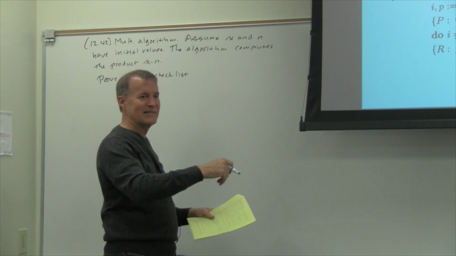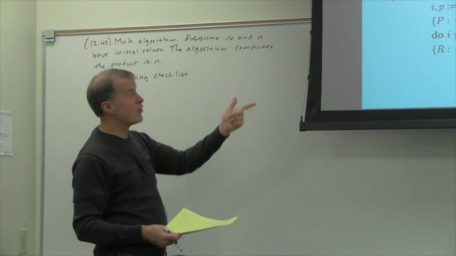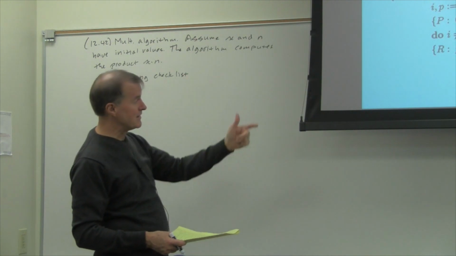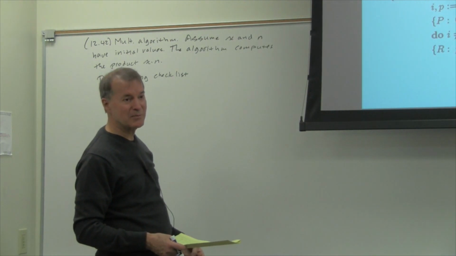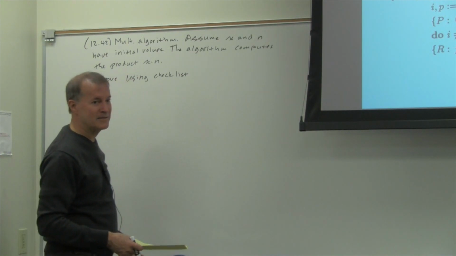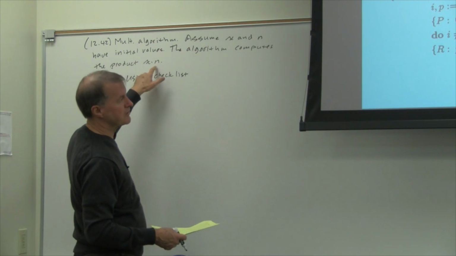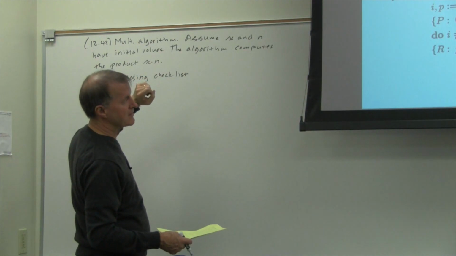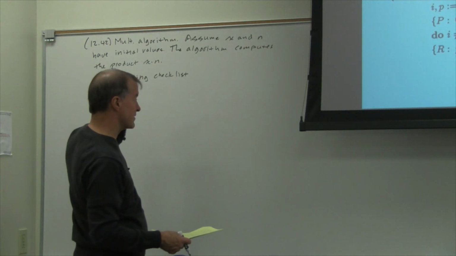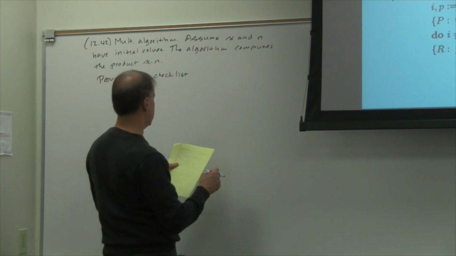I don't think it matters what value. There are no restrictions on x. X could be positive, it could be negative. Actually, in this example, x could even be a double, a real number. But we do assume that n is an integer, because I goes up by 1. So anyway, let's prove using the checklist.